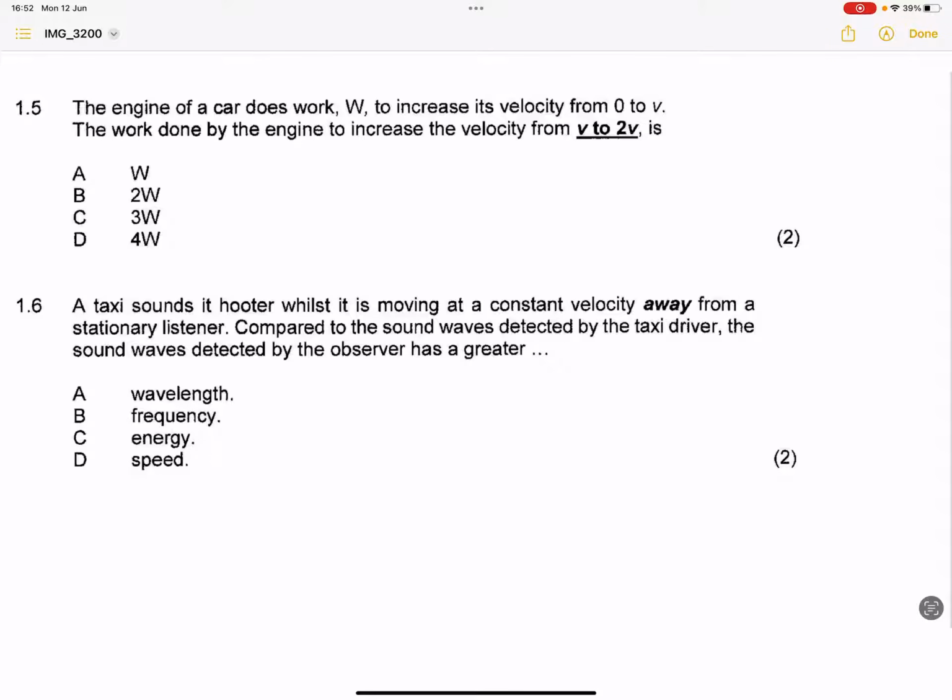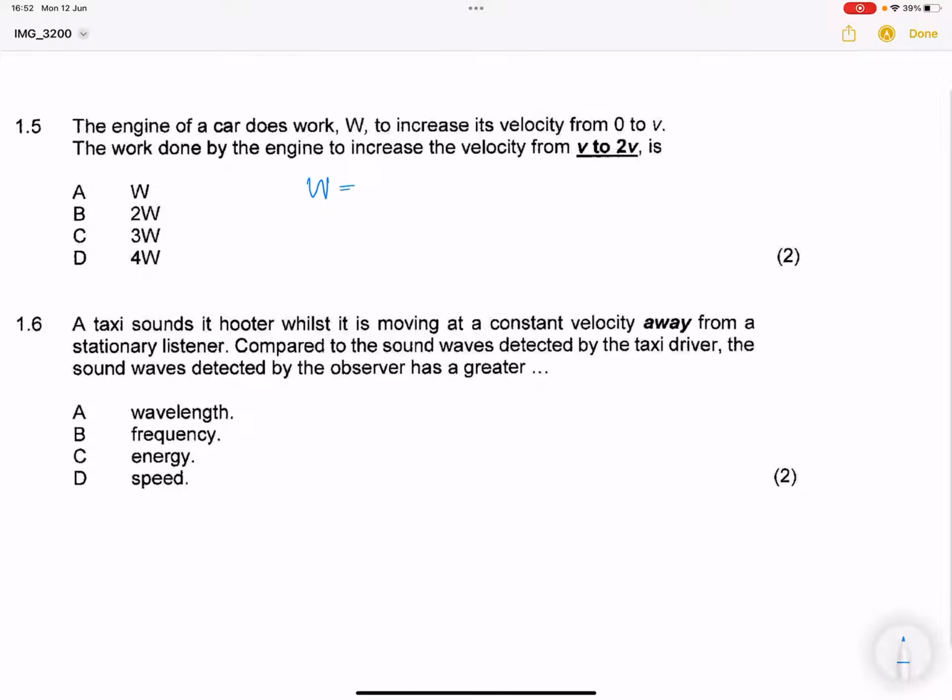They say we've got the engine of a car does work W, right? To increase its velocity from 0 to V, right? Now, I always like expressing that as an equation or a formula of sorts. So it means that the work done, remember, is equal to the change in kinetic energy.